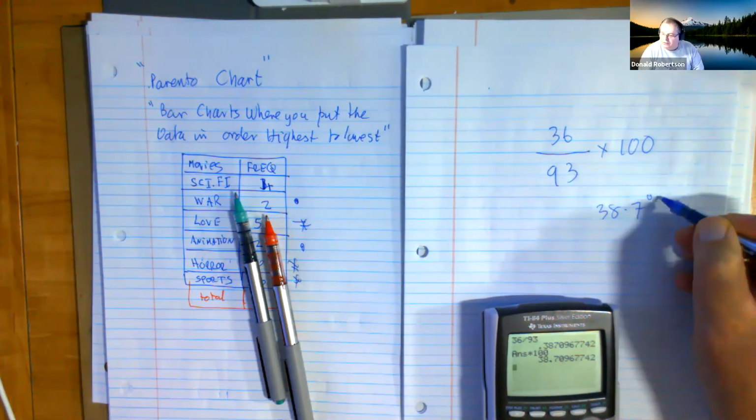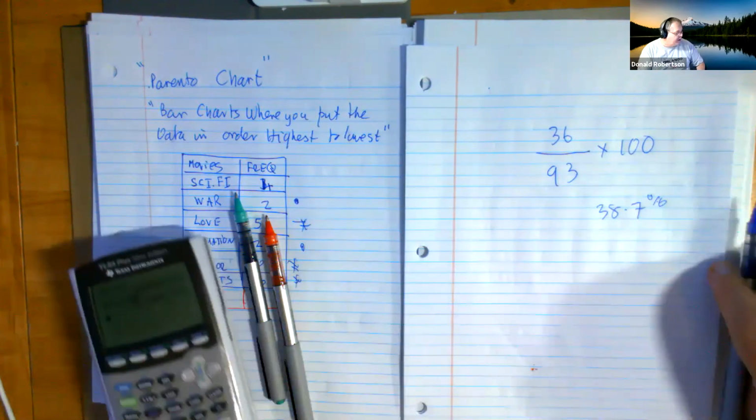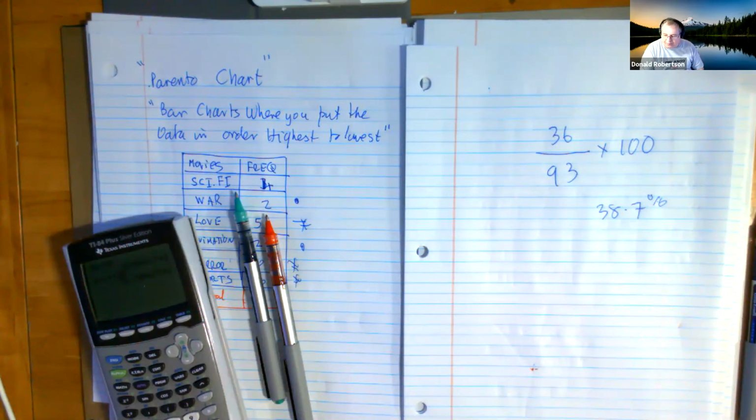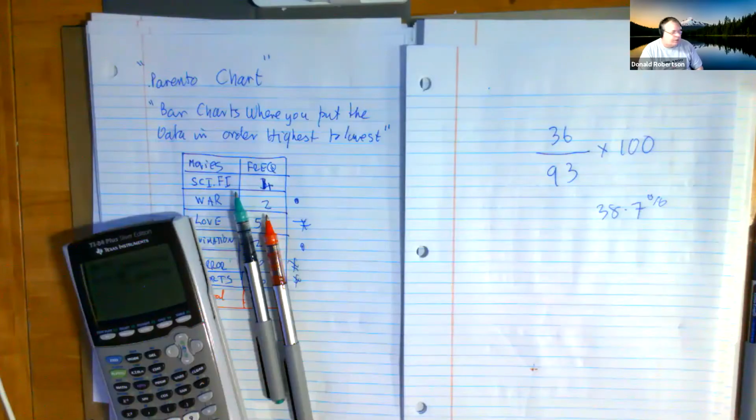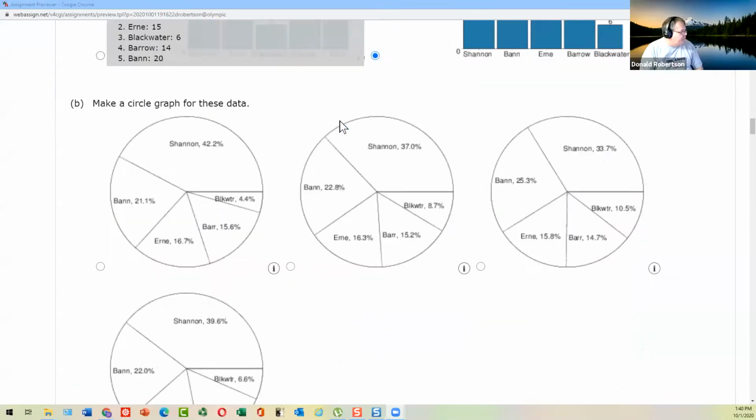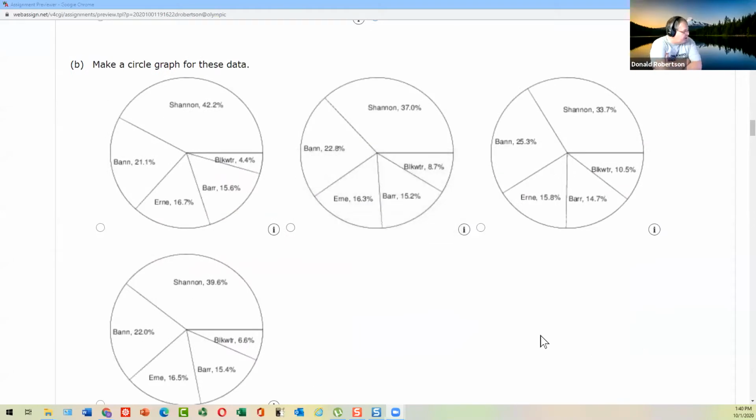I would then go back to that picture, because I really don't want to spend all day trying to draw one of those charts if I can find a kind of workaround. I would go back to that and say, okay, out of those 4 pie charts, which one has Shannon about 38.7? And I have screwed up.